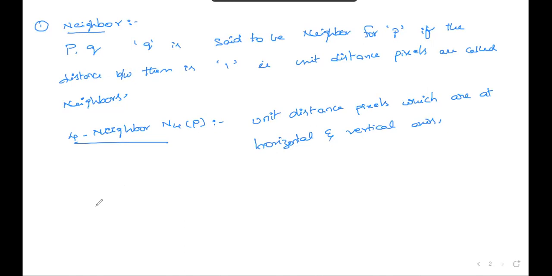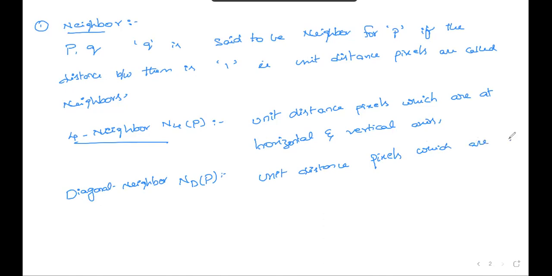Next, diagonal neighbor, given as ND of P: unit distance pixels which are at the diagonal axis.